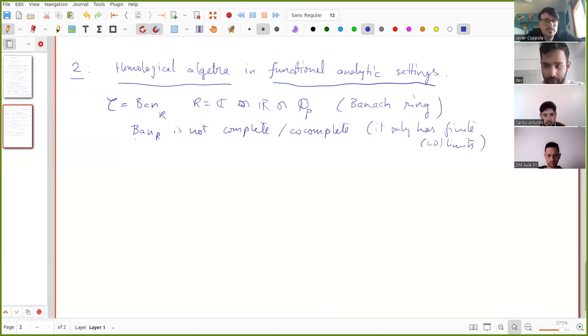So clearly you need to enlarge the category. You have two possibilities for enlarging the category. One is you take the category of formal inductive systems, called ind Banach spaces. Or you can take the category of pro-Banach spaces.